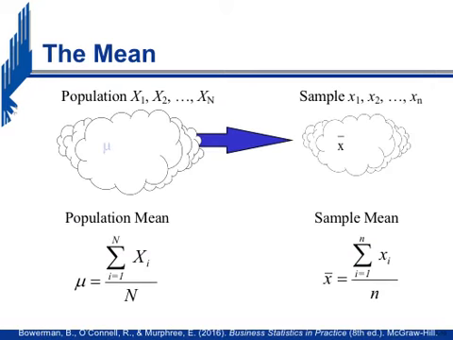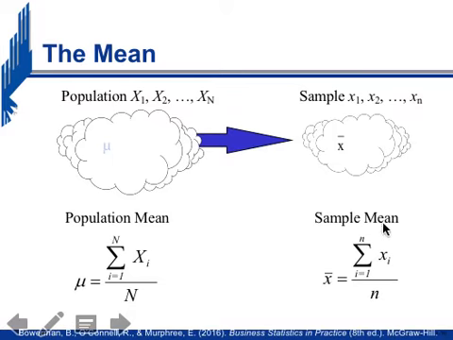For the mean, this refers to the simple average of the dataset. So the population mean is computed using this formula. The representation for the population mean is the Greek letter mu. And this is computed by getting the sum of all the values in the population and dividing the sum by capital N, the total number of measurements in the population.